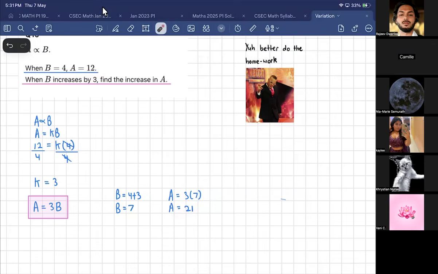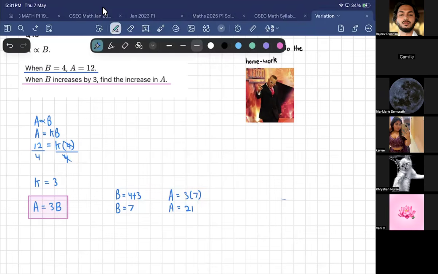How much did it increase by? 9. Yeah, 9 is the answer. It increased by 9. You understand? That's literally it. So the increase in A would just be equal to 21 minus 12, and that would be equal to 9.